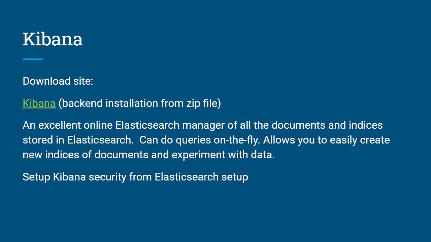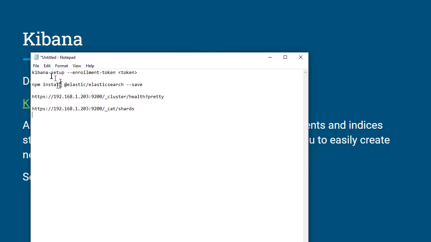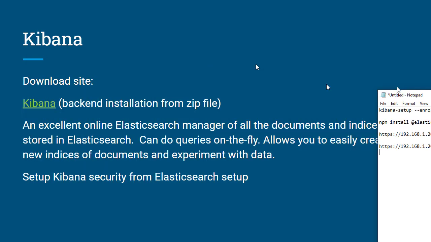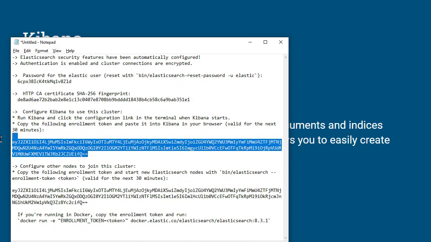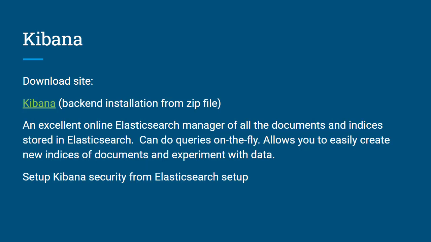Now the way that works is we're going to be running this from the command line within Kibana, but we need that token that we got from Elasticsearch. So we're going to copy this piece here. This is the part that got me when I first installed this.